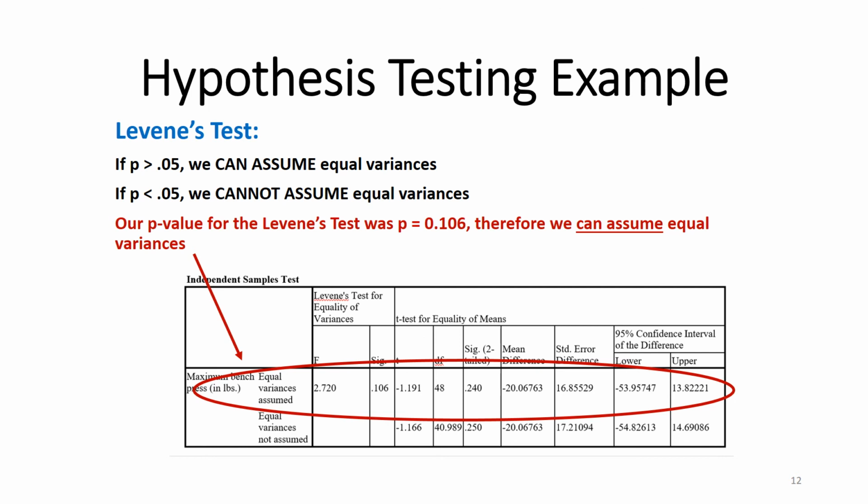And you'll notice what I've done here is I've circled that equal variances assumed row of information, because once I have made my decision at the Levene's test, I know which row of information is true and valid on my output. So all that bottom row of information, the equal variances not assumed numbers, those are worthless to me. I want to put a line through them. I want to ignore them, whatever it takes.